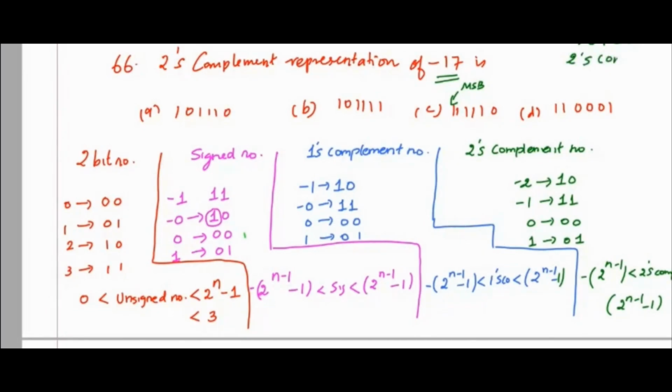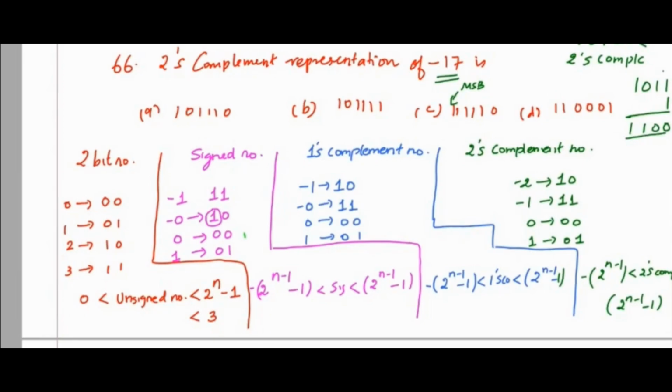Okay. You know that for 10, since the MSB is 1, it is a minus value, and 10 is nothing but 2. And for 11, the 2's complement representation is 01, so it is represented as minus 1 since the MSB is 1.